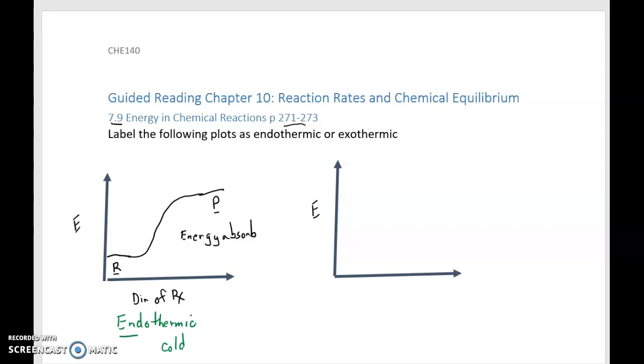The other possibility is that we could have reactants that have this amount of energy and products that have less energy. And we connect these. We see that energy is released.